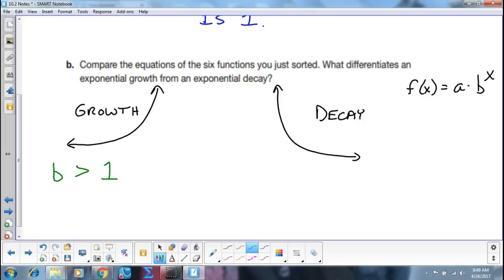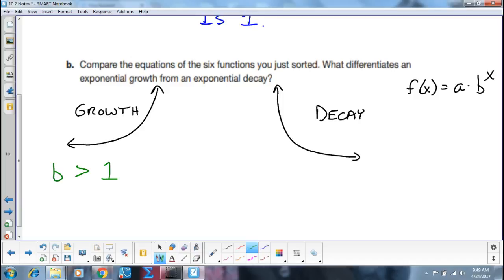What makes it a decay function? What do you got, B? When 0 is less than x and x is less than 1. No, less than.